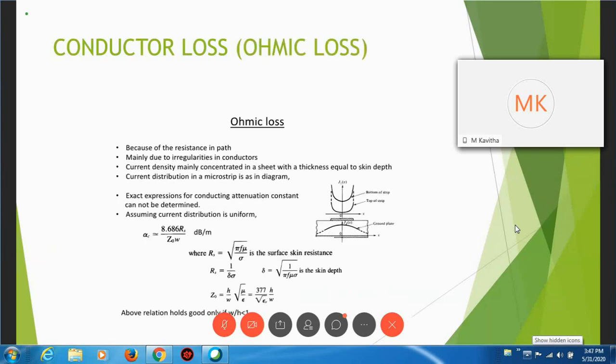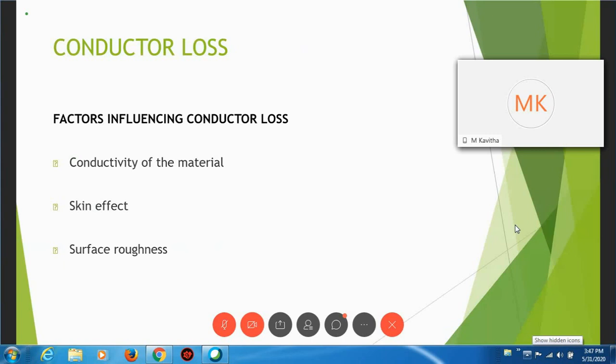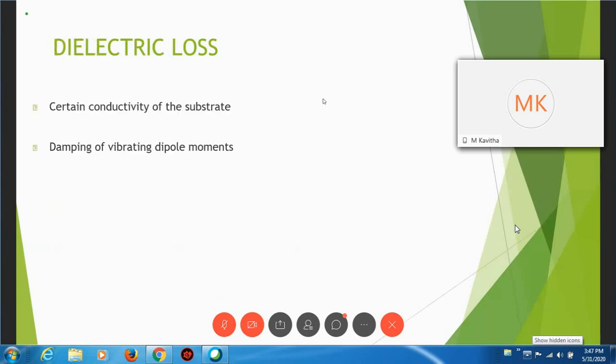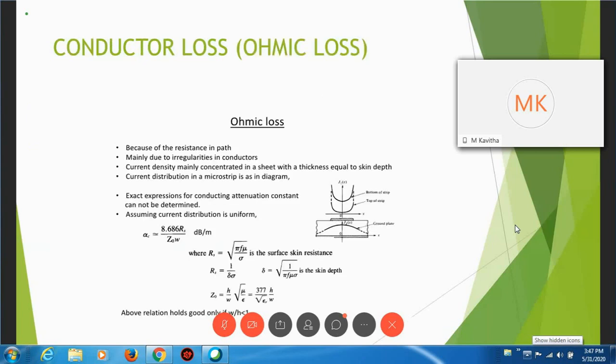The third factor is surface roughness. How does surface roughness cause loss in a microstrip? During the fabrication of the metal strip, we get bumps or cracks on the metal surface, which produce an uneven surface on the metal. This uneven surface increases the resistivity of the conductor and increases the current path.